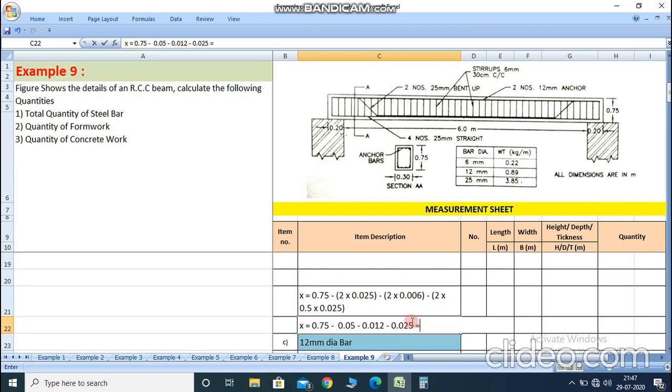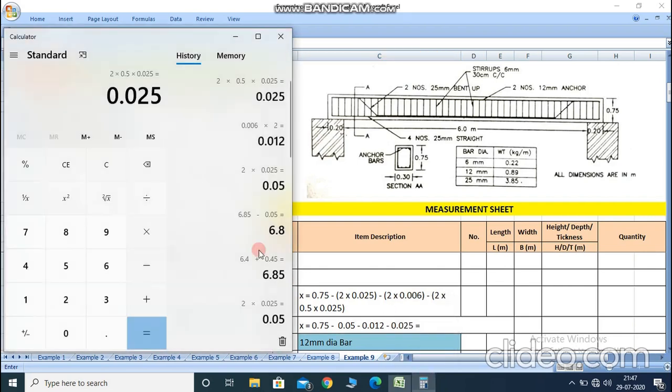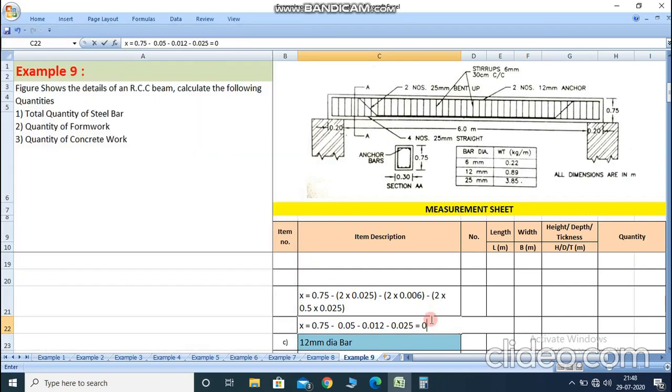Clear? So total answer is 0.75 minus 0.05 minus 0.012 minus 0.025. The x value answer we got as 0.663 meter.